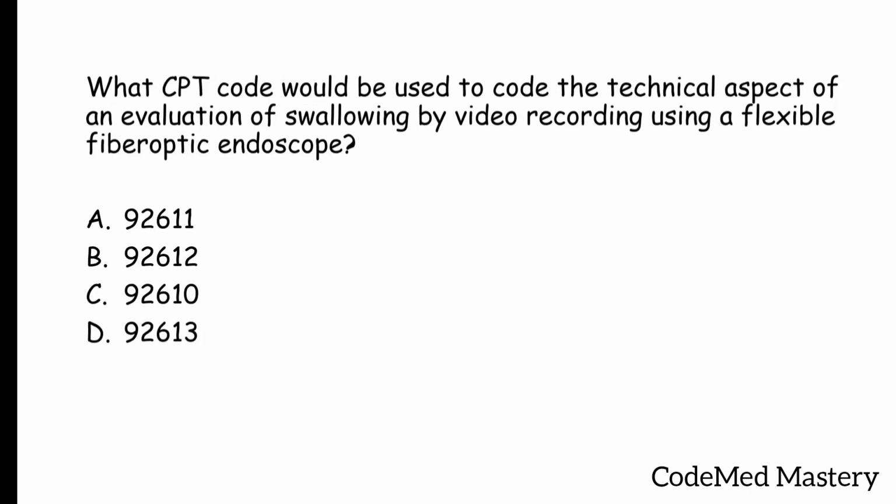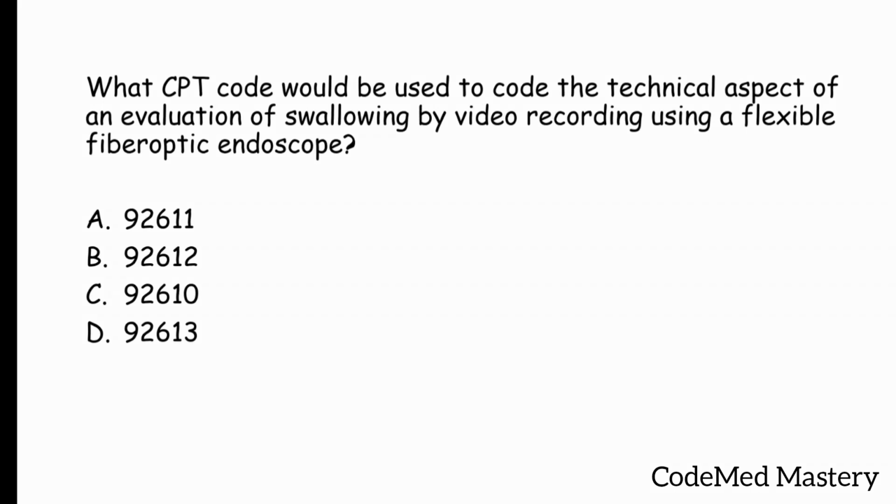Let us solve another question. What CPT code would be used to code the technical aspect of an evaluation of swallowing by video recording using a flexible fiber optic endoscope? Check the options.